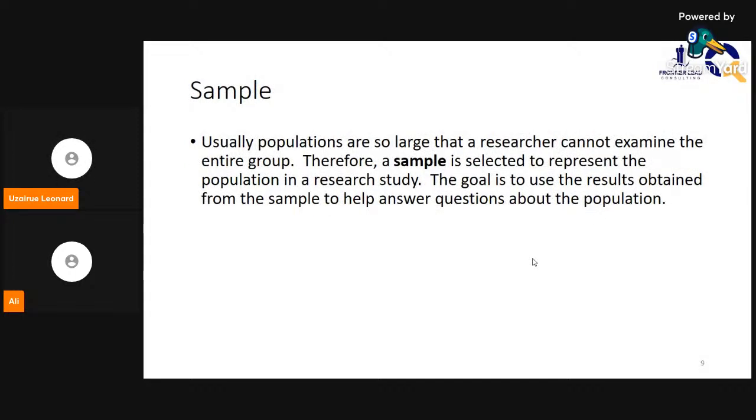Now, when we talk about a sample, it is usually a part of the population. So what we are saying in essence is, since you cannot study the whole population, all you have to do is take a sample which is representative.